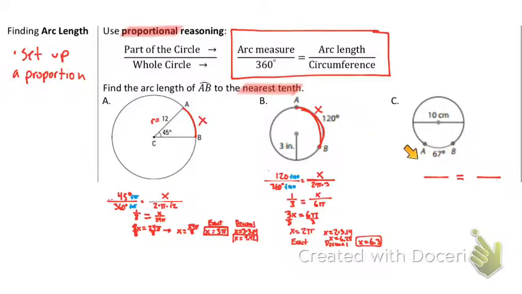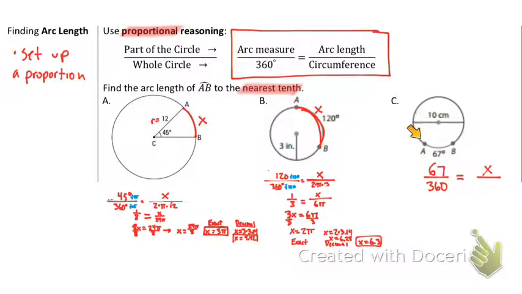Our arc measure goes on top. So our arc measure is from A to B in degrees. That's going to be 67 degrees. And then we want the whole degrees of a circle. That's 360. That goes on the bottom. Okay, and now we want the arc length, which we don't know, so we're going to use that as x. That's what we're trying to find.